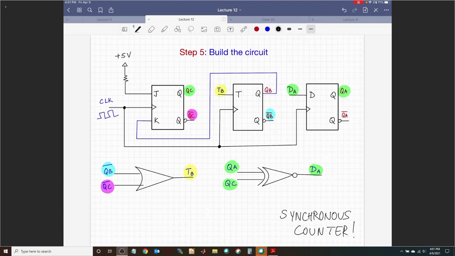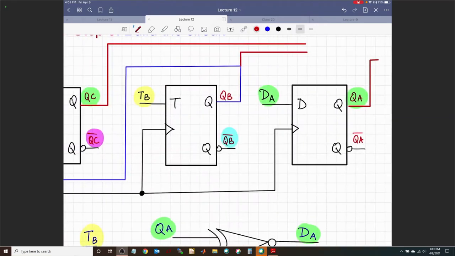So what is the output of the counter? I think I'm done with it. What is going to tell you the output of the counter? Well, let me draw the 3 signals that actually matter as the output of the counter, in red. Those are the three: QC, QB, and QA.